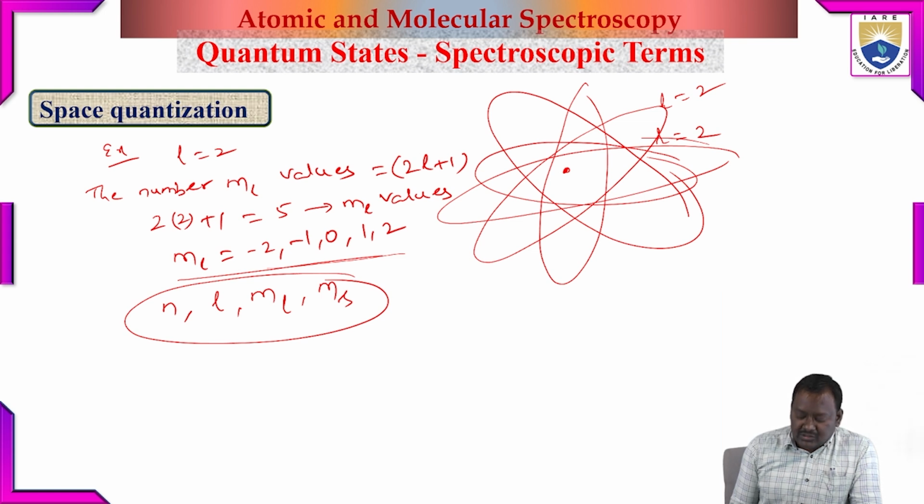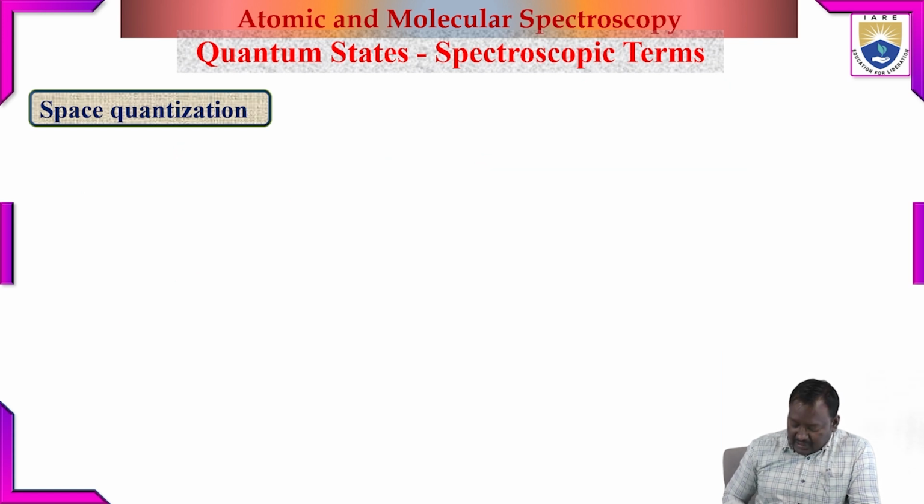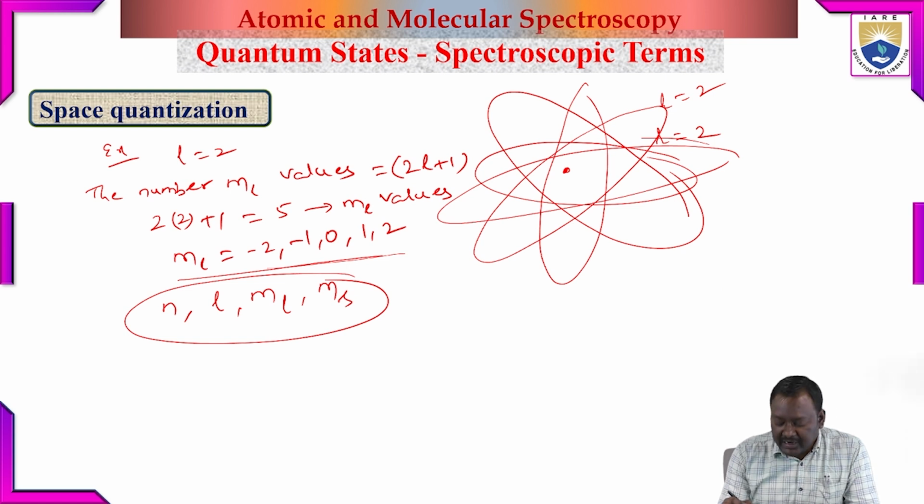How do we represent the orientation? We already said that even though the electron orbit has different orientations, the energy of the electron in all these orbits is the same.